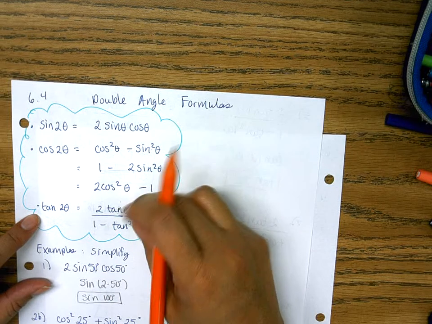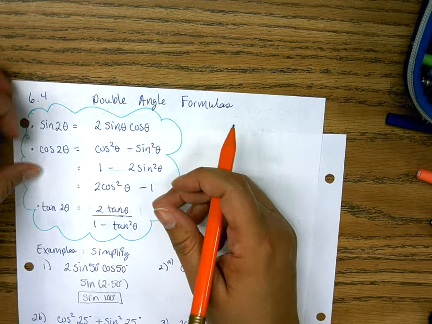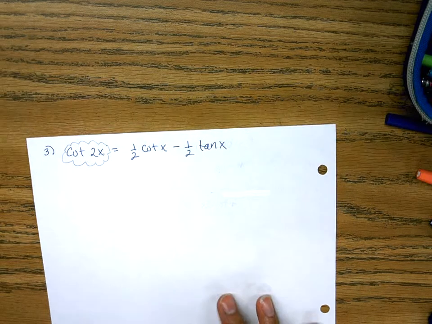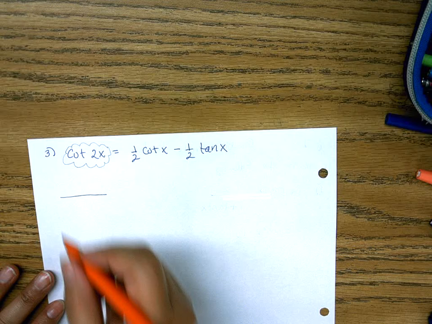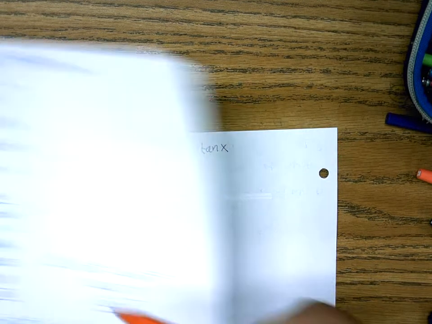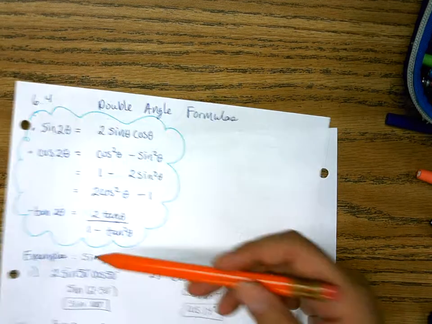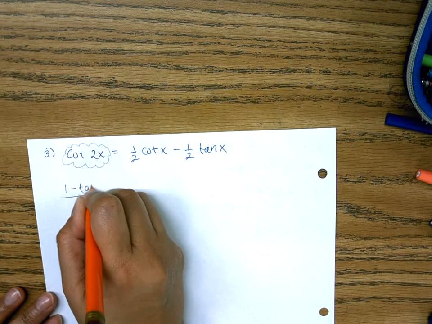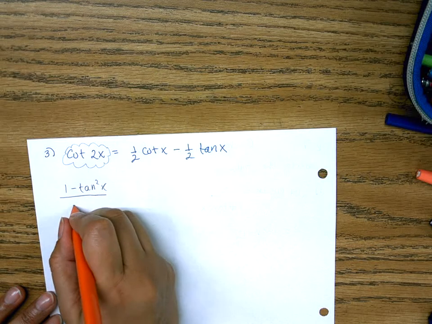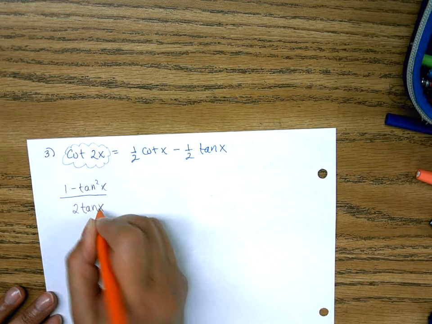It's going to flip on the fraction, and we have talked about that before. So cotangent of 2x, when you change it, it's going to be this one flipped around on the fraction. So the 1 minus tangent squared is going to be at the top, and the 2 tangent is going to be at the bottom, 2 tangent x.